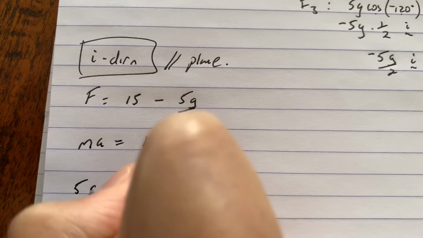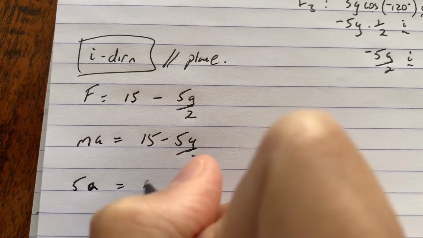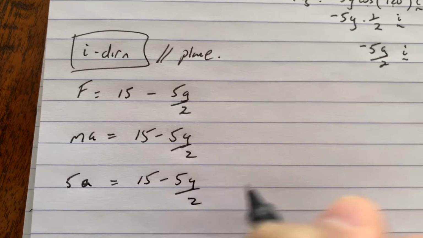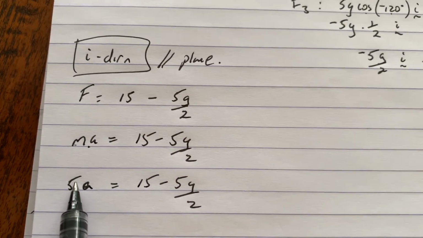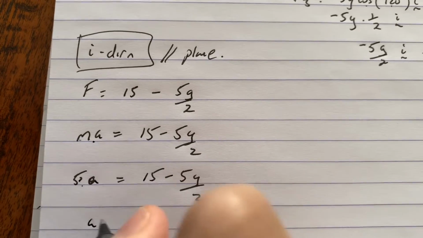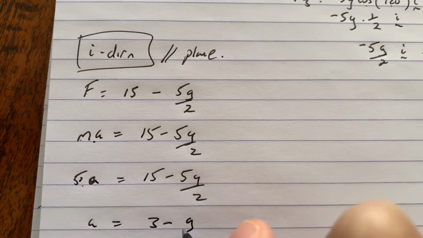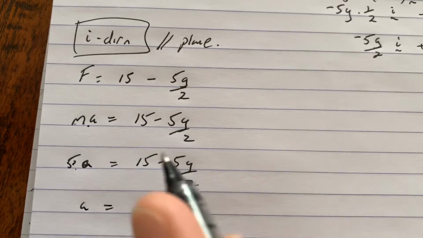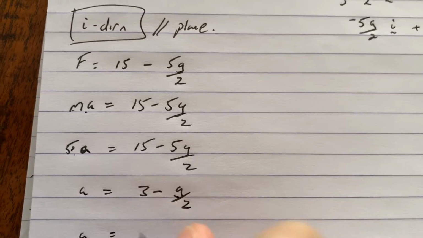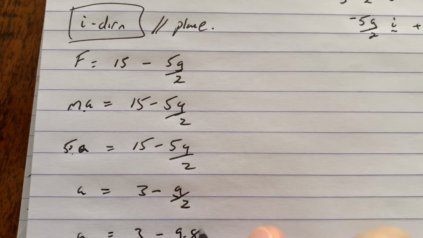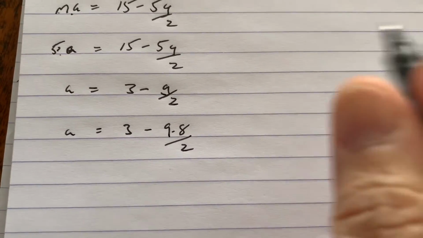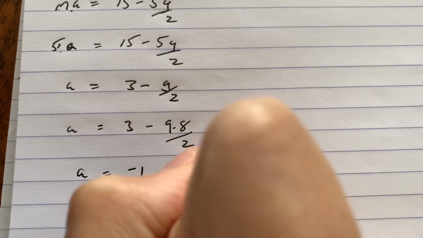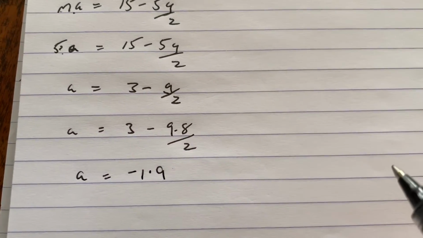Our mass is 5. So force is mass times acceleration, and mass is 5. Divide through by 5. It's 3 minus g on 2. Of course, that's going to be, in your calculator, 3 take 9.8 on 2. a is going to equal negative 1.9.